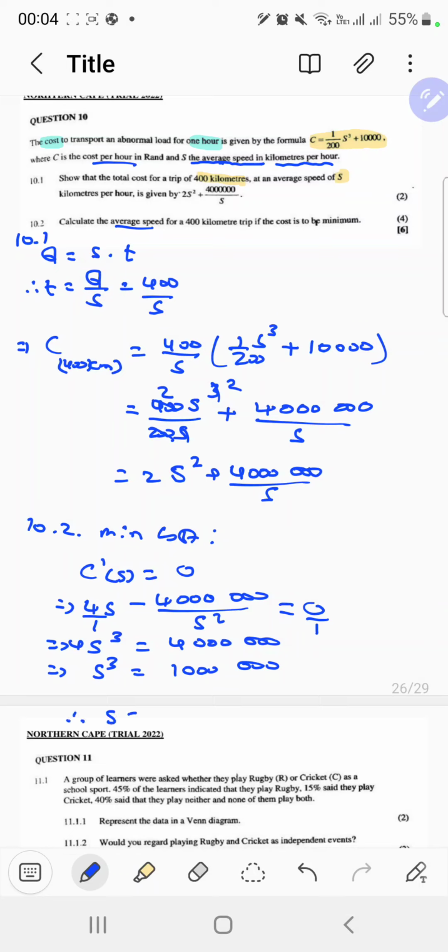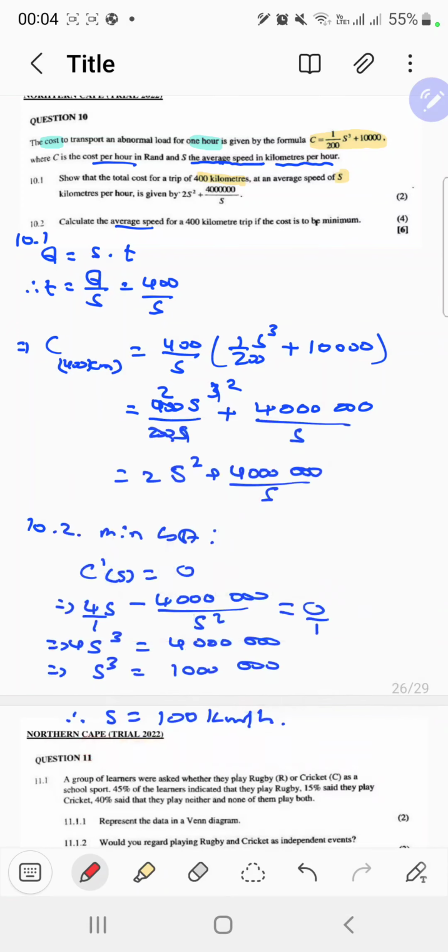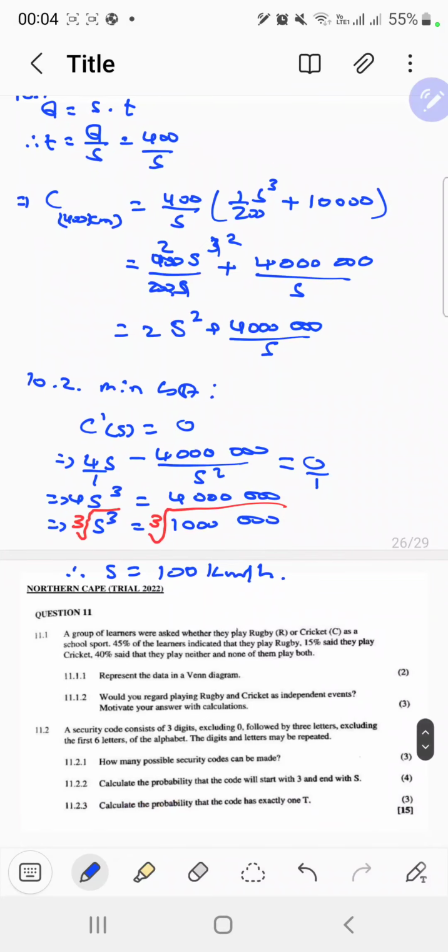It follows that our S is going to be 100. So this is 100 kilometers per hour. What did I do there? I cube rooted this thing, because if I want to get rid of a cube, you always do inverse operations. Great stuff. So this is how it's done. Easy, straightforward, no problems there.